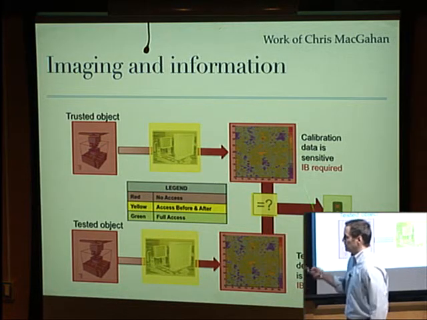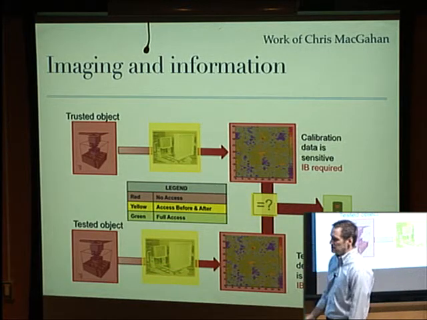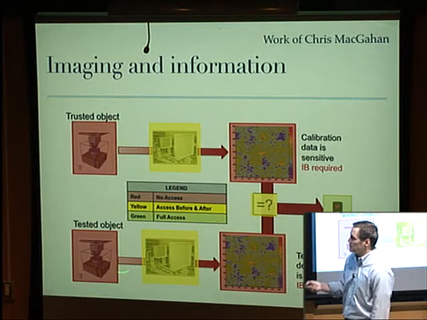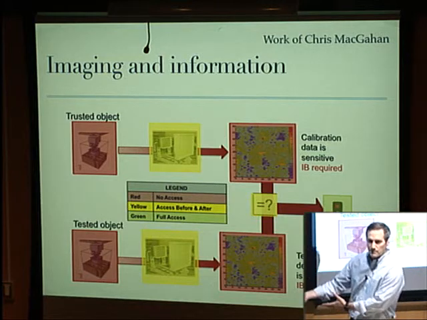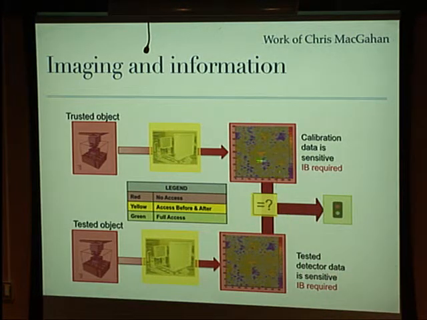Now, everything in red here, the way it's posed, has to be behind an information barrier. Clearly, the objects have to be behind an information barrier. They're in a barrel. That's the information barrier, essentially. The image data has to be behind an information barrier because I can use this data to reconstruct what the object is. And even the imaging system, you can't have access to it while the data are being acquired.